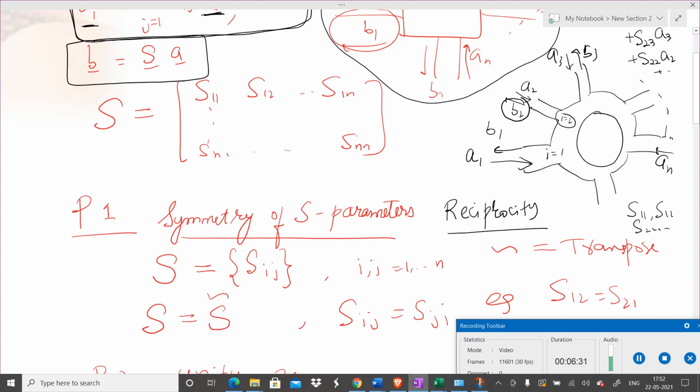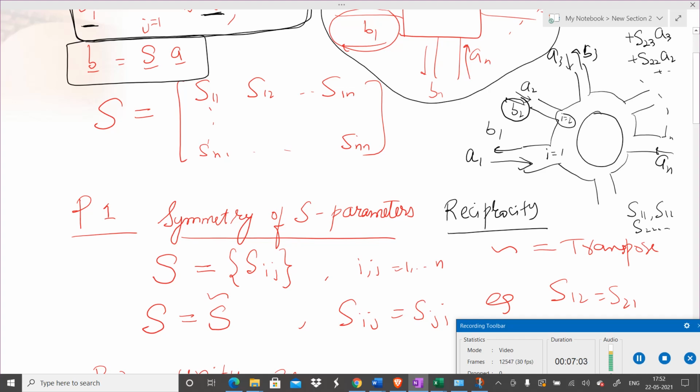Now if you do it the other way around, if you transmit now from port 2, if you use port 2 as a transmitting port, then if there are no transistors or even vacuum tubes used in between different ports, if we assume that we are only using the microwave hybrid junction, then the S parameters should not change.